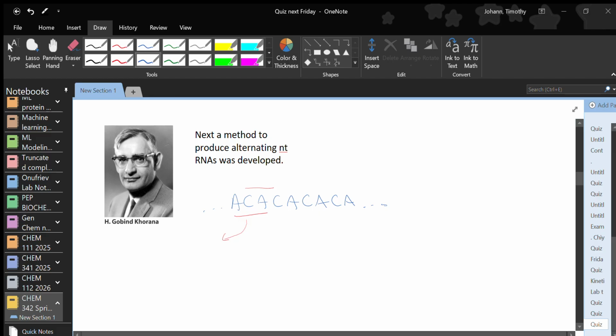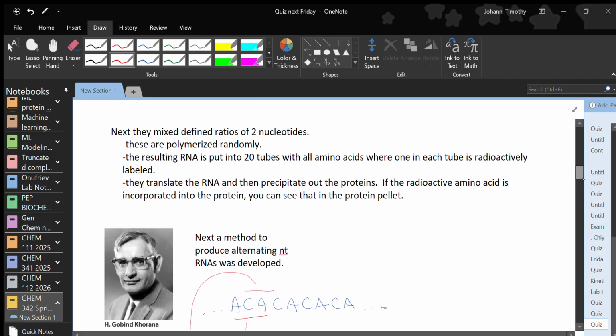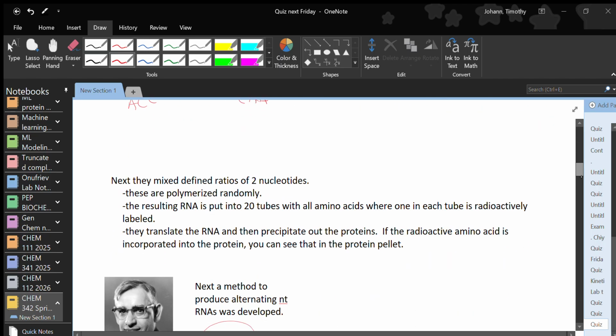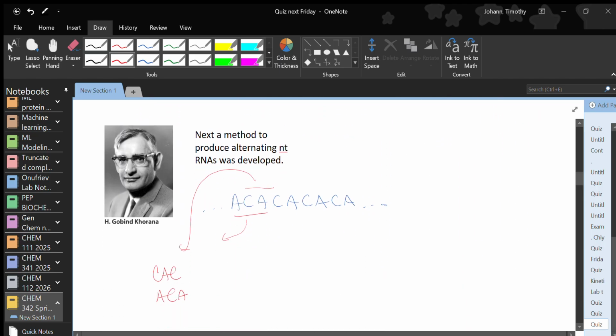And so we do this experiment along with the other experiment, and CAC and then ACA, so let's go up to our actual codon table. CAC is histidine. So this is His. So we see His 50% in terms of radioactivity.